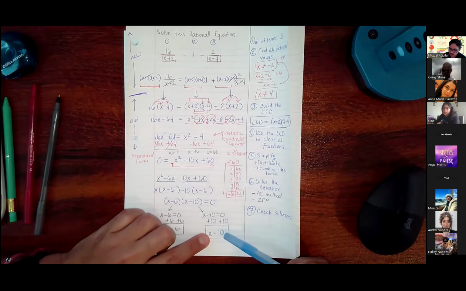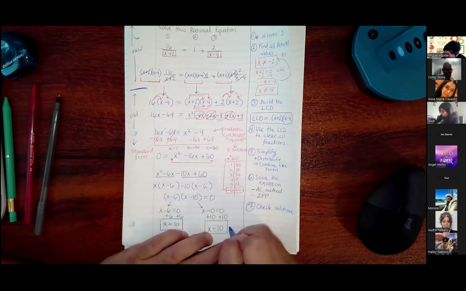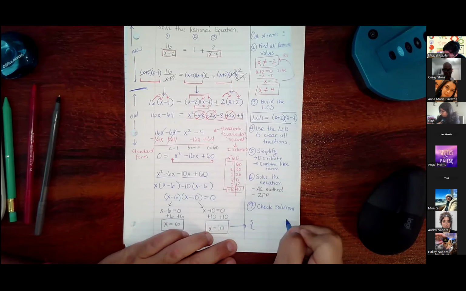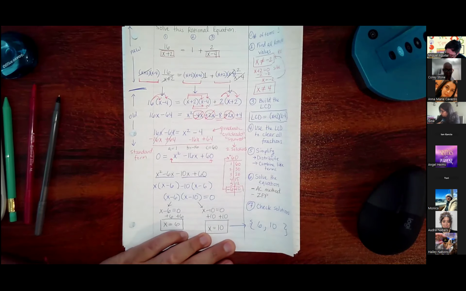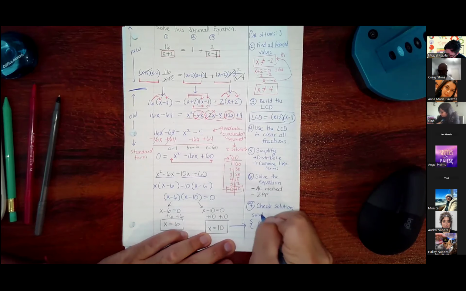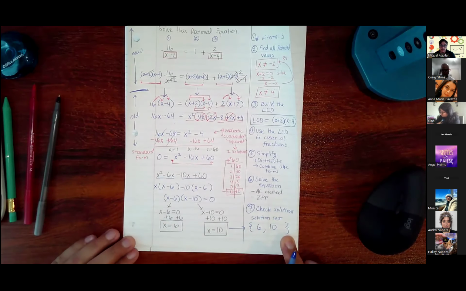This 10, also not a -2 or a 4, so it's not restricted. So since these are both not restricted, then our solution set contains both 6 and 10. And then we're done with that problem.